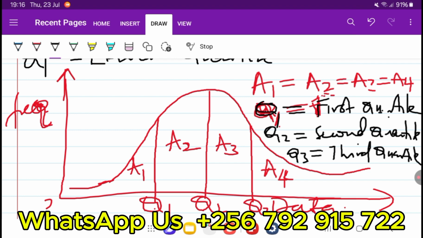Of course, you can see that each of these sections will be representing a given value.